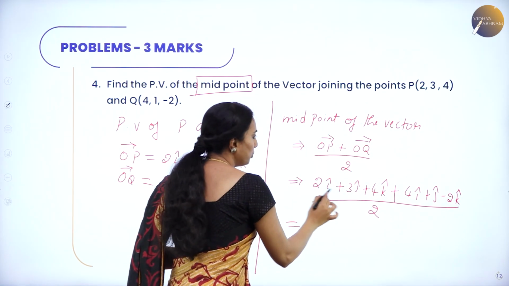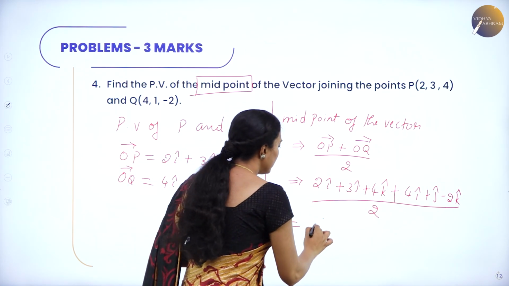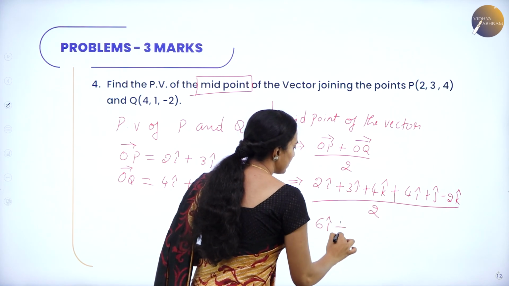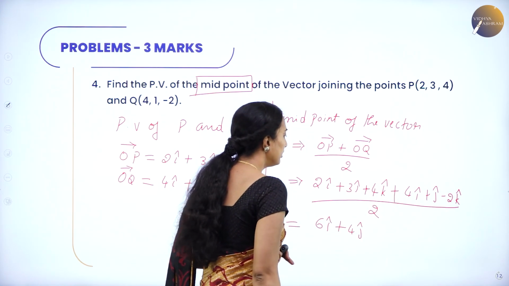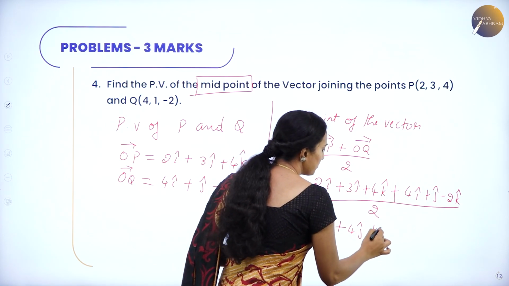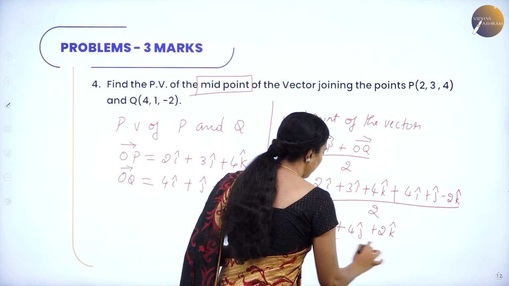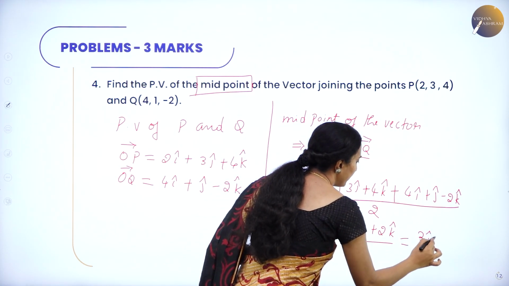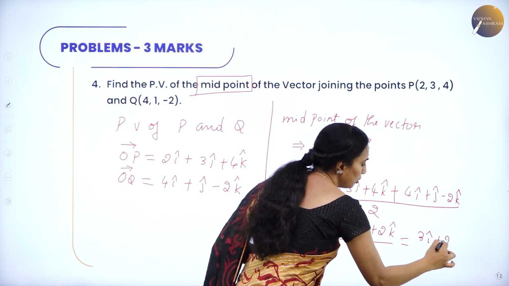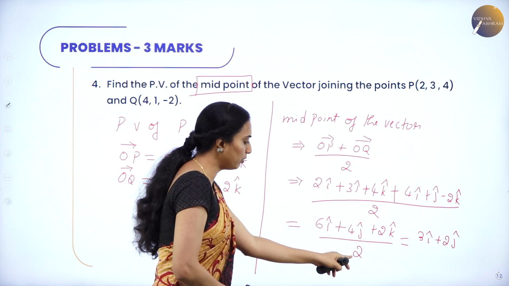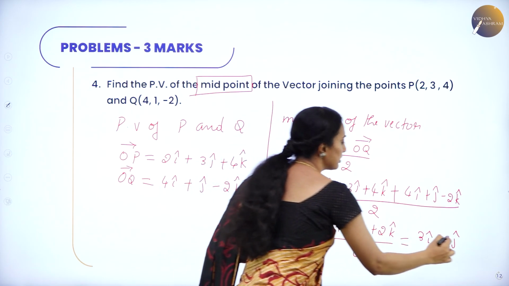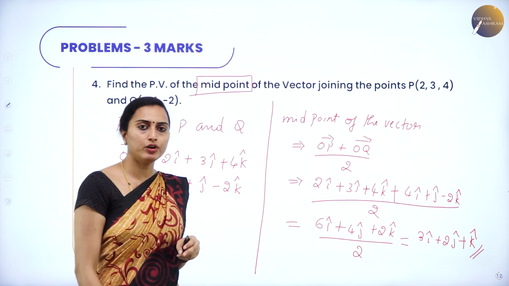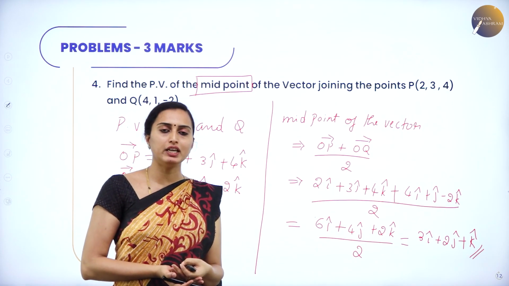Let us solve this. 2i plus 4i is 6i cap, 3j plus j is 4j cap, and 4k minus 2k is 2k cap, all divided by 2. 6 by 2 is 3i cap, 4 by 2 is 2j cap, 2 by 2 is k cap. So this is the midpoint of the given position vectors of P and Q.